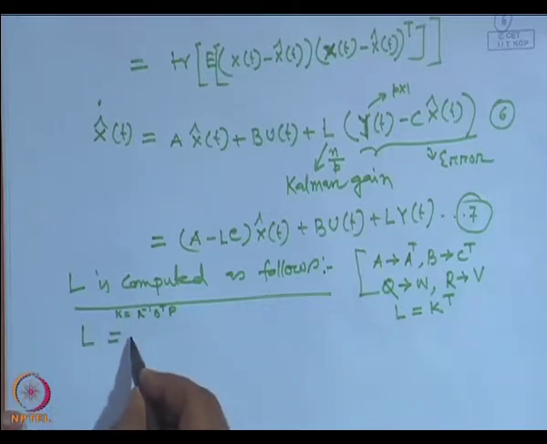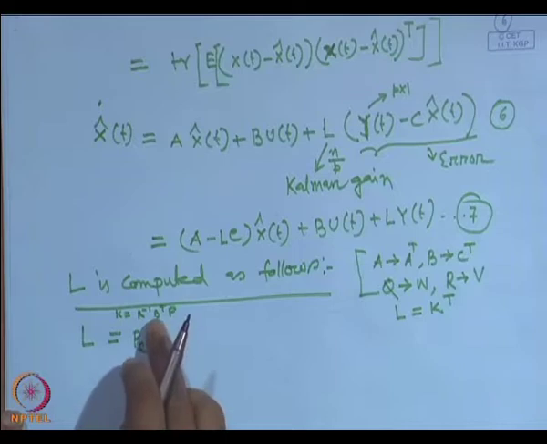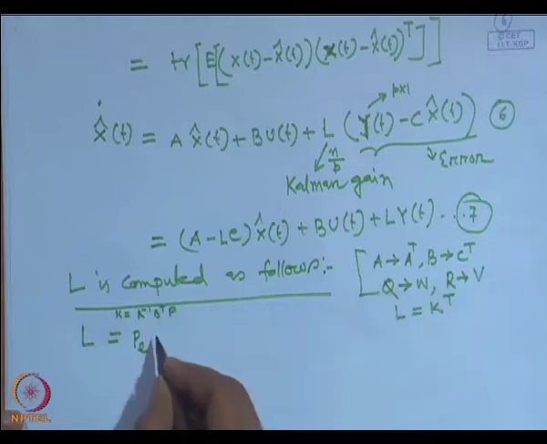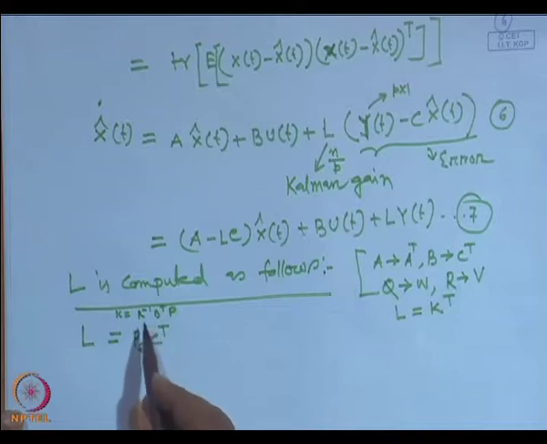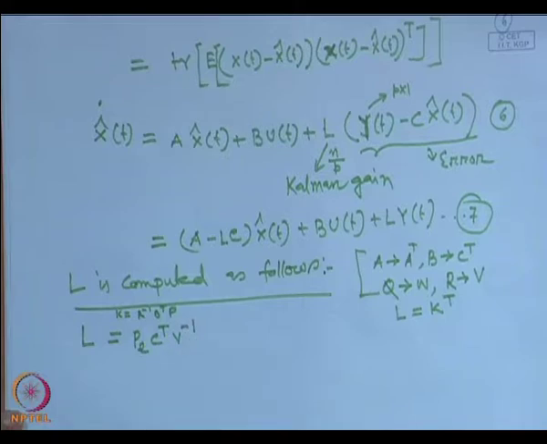So, first will come P; for the estimator I denote it by P. Then B transpose, and B is replaced by C transpose, so C transpose. Then R inverse, where R is replaced by V, so V inverse. Agree?